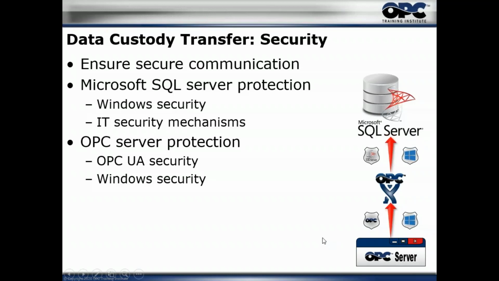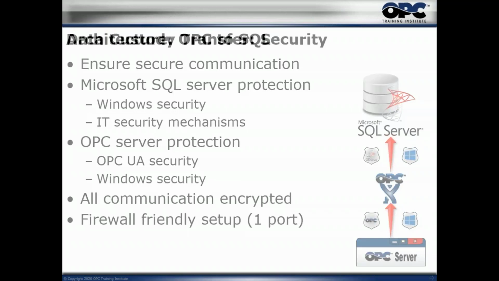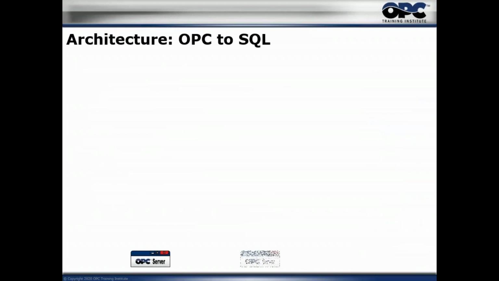We need to respect the ability to make sure that all the communication is encrypted so nobody can eavesdrop, and go through firewall. So all of that needs to be respected, and it needs to work properly and done by people who are not necessarily IT people. And I'll show you how that's done. So we'll do a little demo to show how that's actually done. Now, the architecture itself.